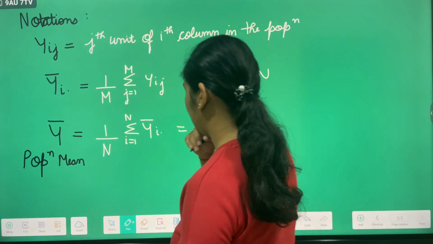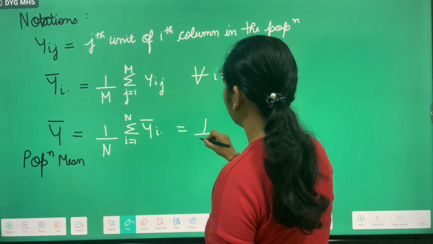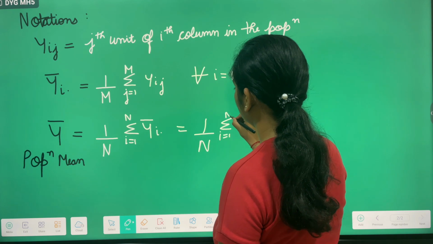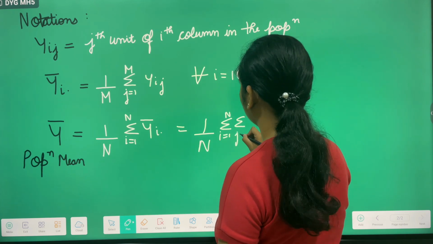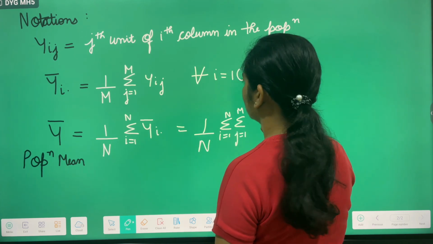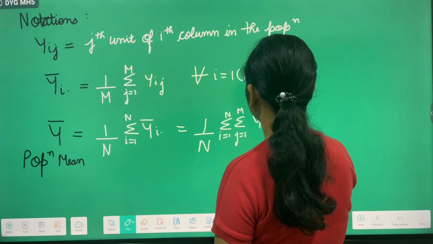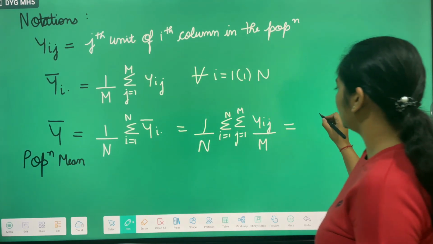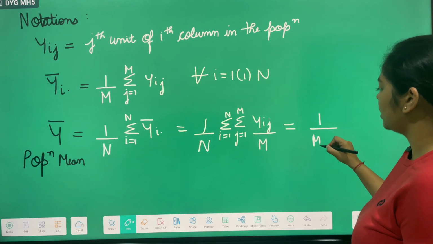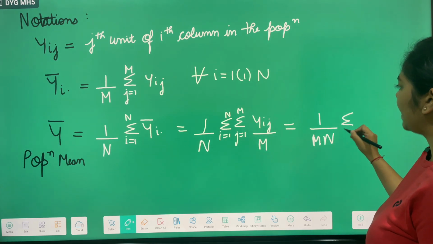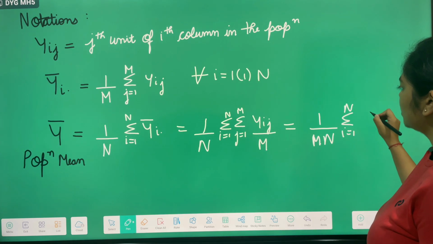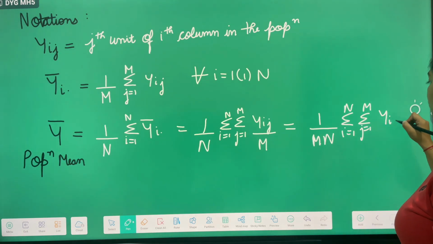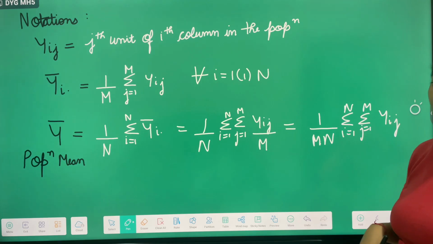Now opening y bar i dot, we get 1 upon n summation i from 1 to n summation j from 1 to m Yij upon capital M. So this can be written as 1 upon mn summation i from 1 to n summation j from 1 to m Yij. This is the formula for population mean.